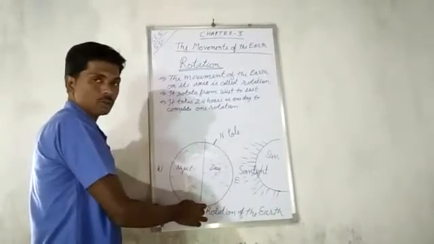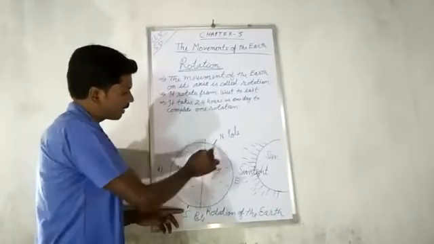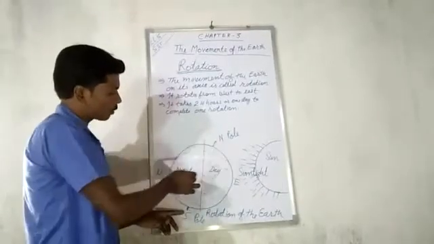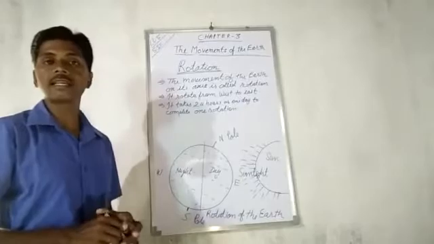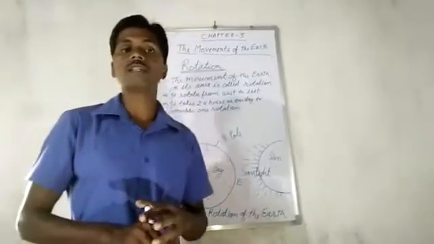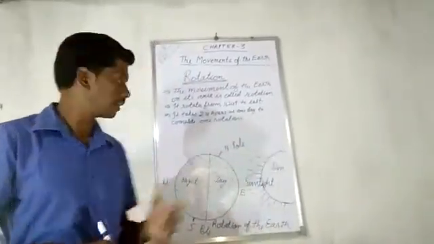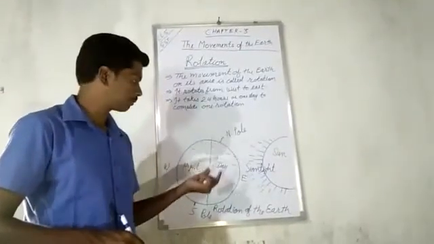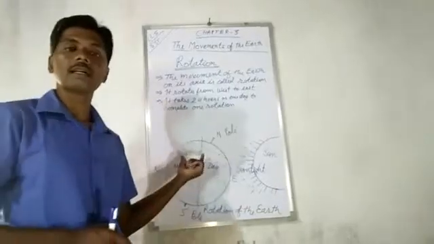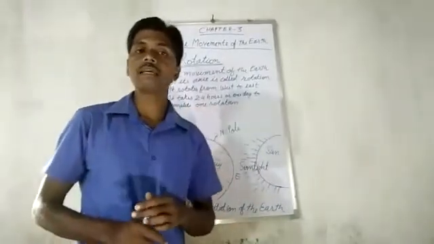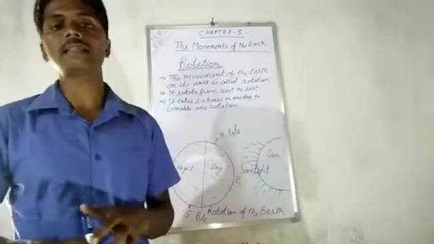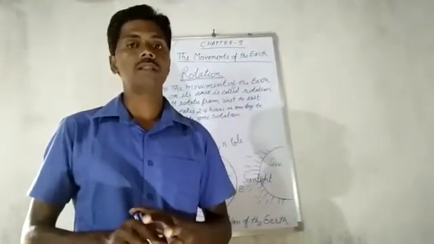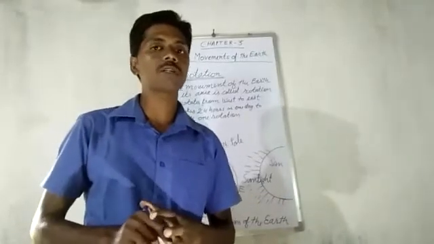I have marked one line, but it is tilted. The axis point I have marked here. So how much is it tilted? It is tilted at an angle of 23.5 degrees. Because of this tilt, we get longer days in summer and shorter days in winter. Okay, you might have observed these things.